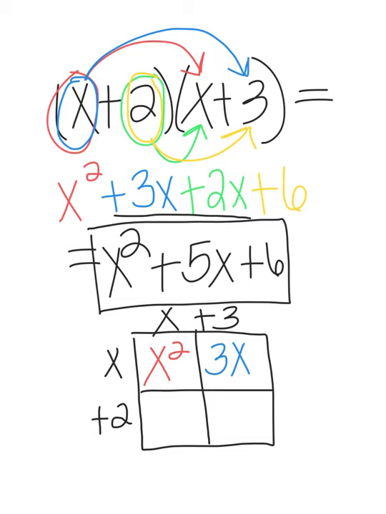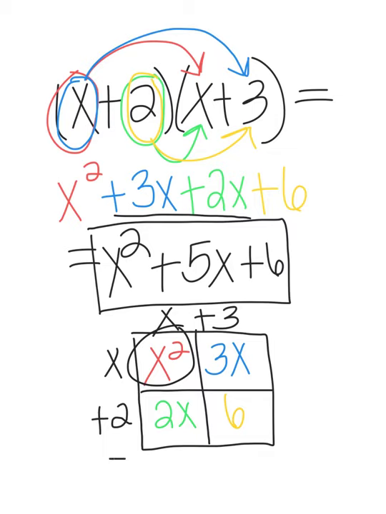Then I'm going to multiply the x and the 2, which would give me 2x. And then the very last step, I'm going to multiply the 2 times the 3, which would give me 6. So as you can see, we get the exact same numbers. This is just lined up in a nice, neat, pretty box.